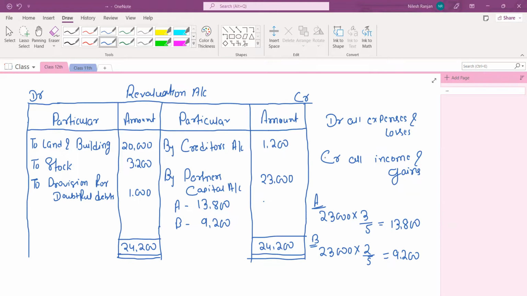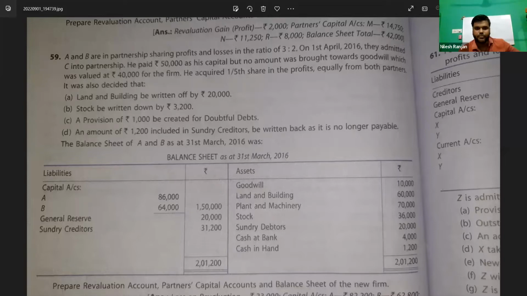Sir, this 23,000 you calculated between partners. Yes. Sir, you calculated in the old ratio. Yes. That is 3:2, I think. Yes, 3:2.